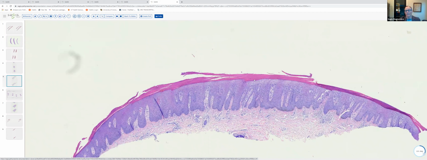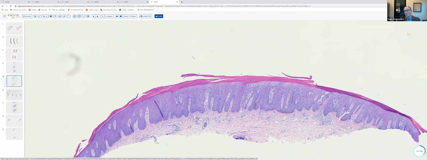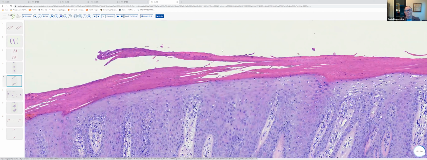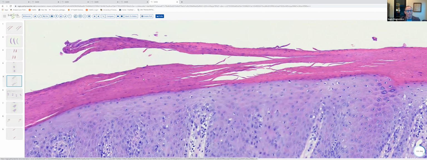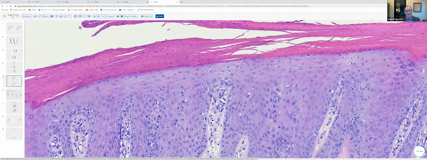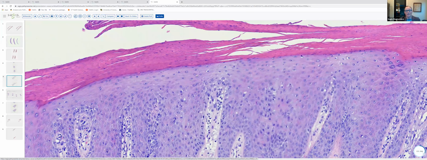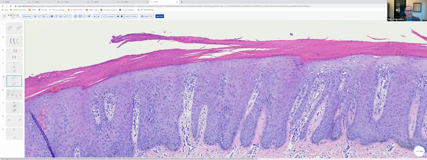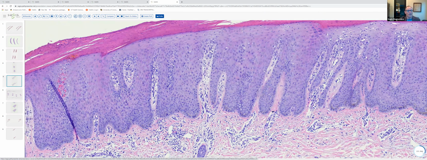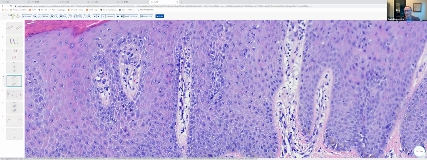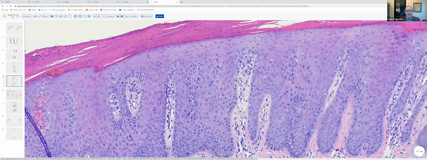If we look at the cornified layer, we can see that there's confluent parakeratosis, and there are a few areas in which one can see neutrophils sprinkled throughout the cornified layer. There's an absent granular layer. The suprapapillary plates are quite thin in areas, and there are several dilated and tortuous vessels in the papillary dermis, closely approximating the undersurface of the epidermis. And I even found a few suprabasilar mitotic figures as well.